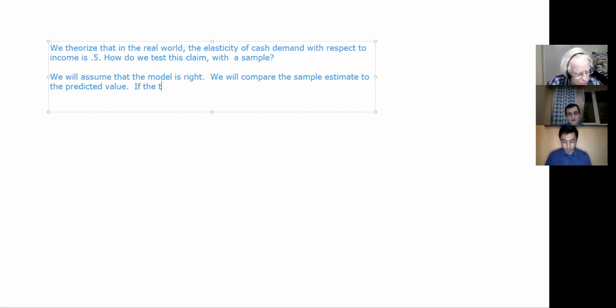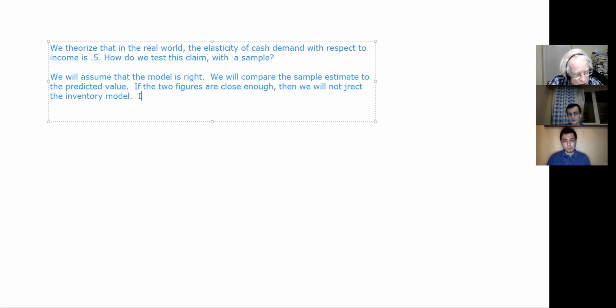If the two figures are close enough, then we will basically accept, or not reject, the inventory model of cash demand.